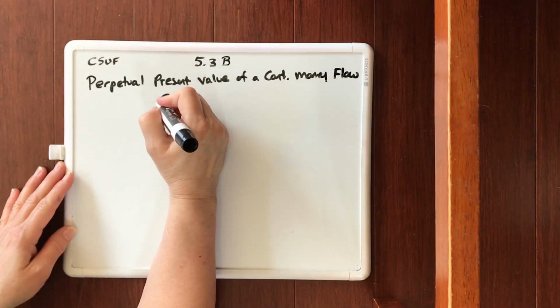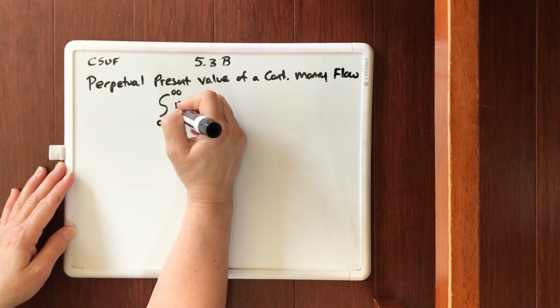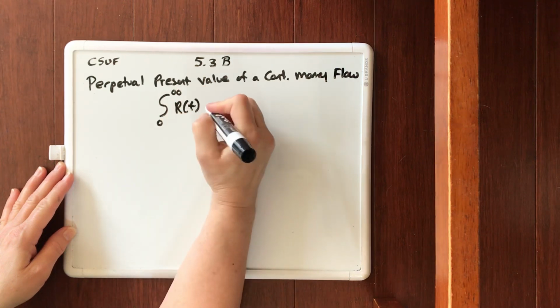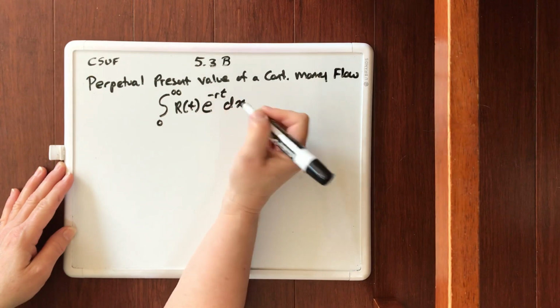Okay, so we would integrate from 0 to infinity of R(t) e to the negative rt dt.